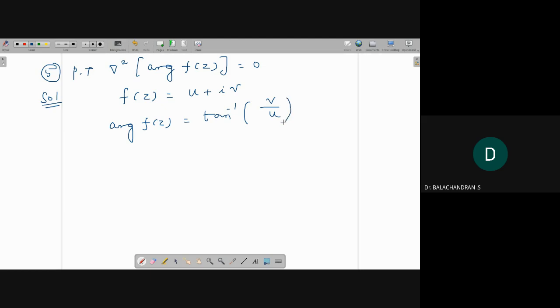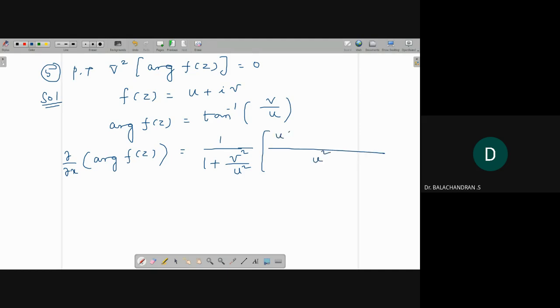Okay. So now I need to find del square of this. So first I will find dou by dou x of argument of f of z. If you differentiate tan inverse of x with respect to x, you will get 1 by 1 plus x square. 1 by 1 plus x square is what? V square by u square. And if you differentiate v by u in u by v method, u square, keep u, vx minus v into ux. So this is equal to u square plus v square.